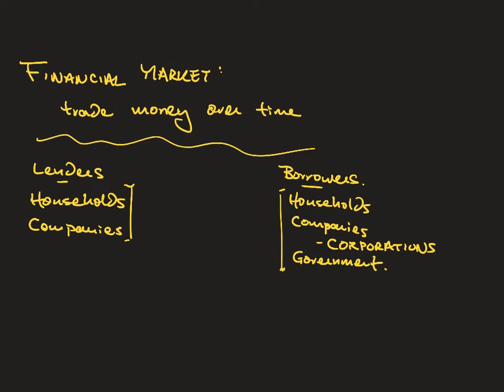Instead, people tend to go through banks. I give my money to the bank, and then the bank finds a person in need of that money to purchase a car, and the bank loans the money to them. And these people in the middle of the market are called intermediaries.